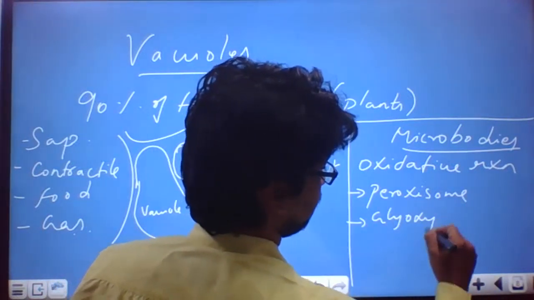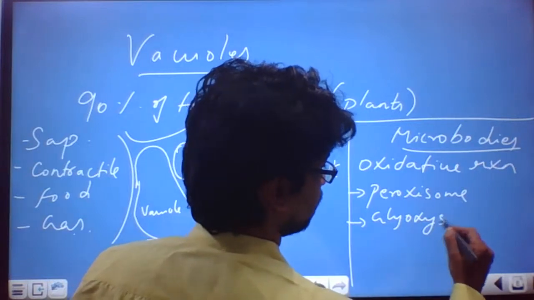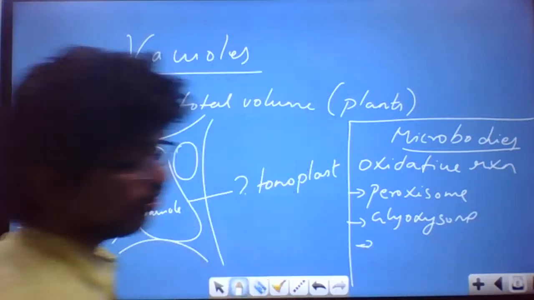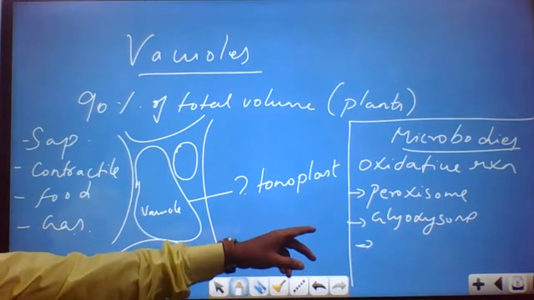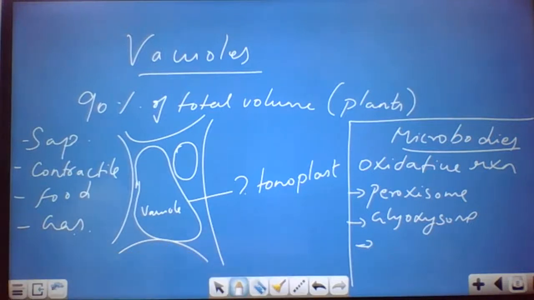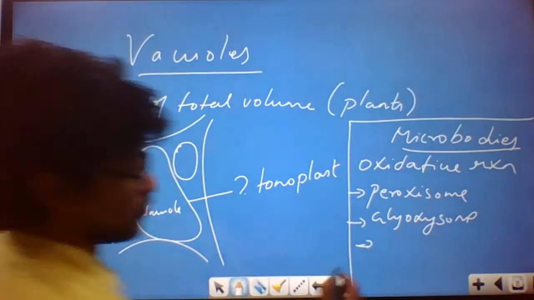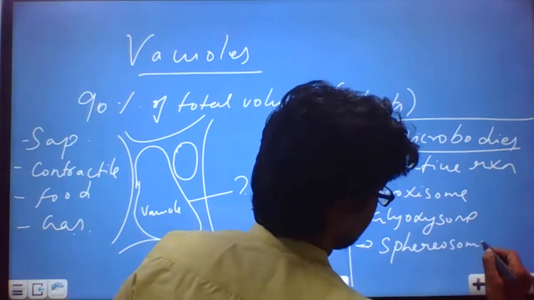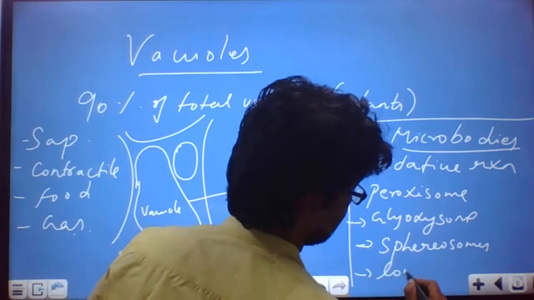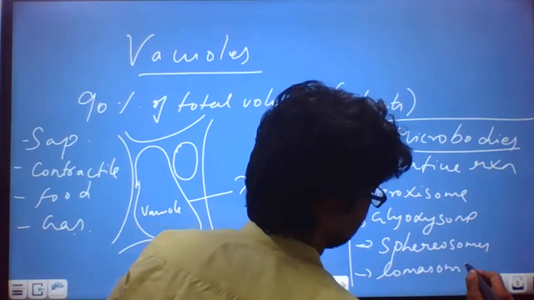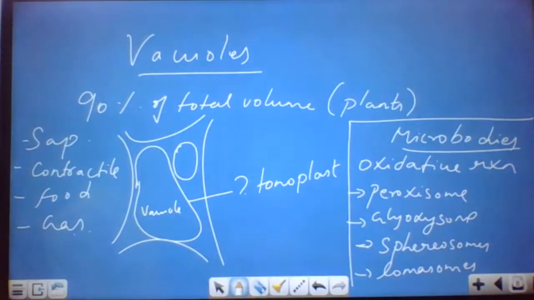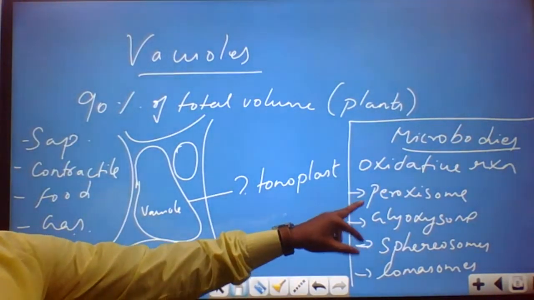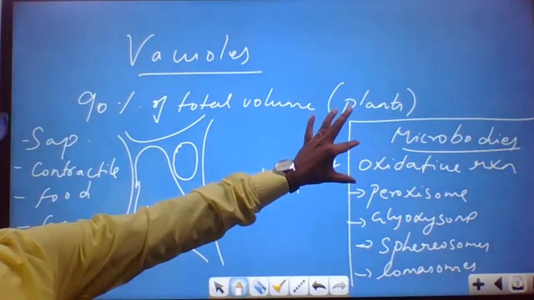The types of microbodies are peroxisomes, glyoxysomes, spherosomes, and lomosomes. These are all the different types of microbodies. They perform different functions, but the main function is the oxidative reaction.